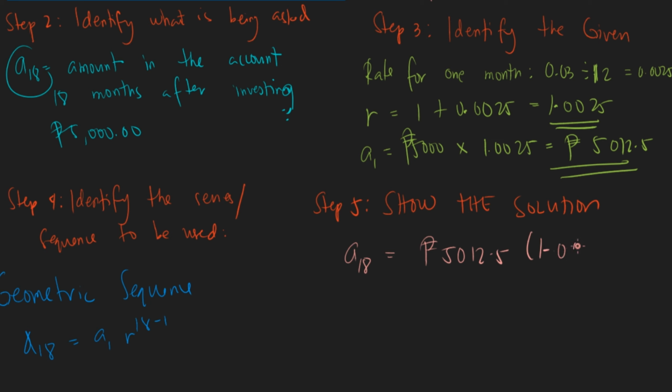The common ratio is 1.0025, to the power of 18 minus 1. So use your calculator. You will get 5,229.85.